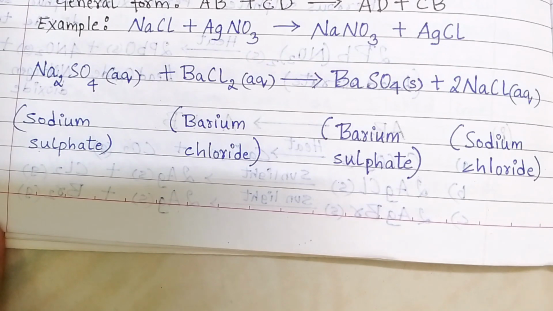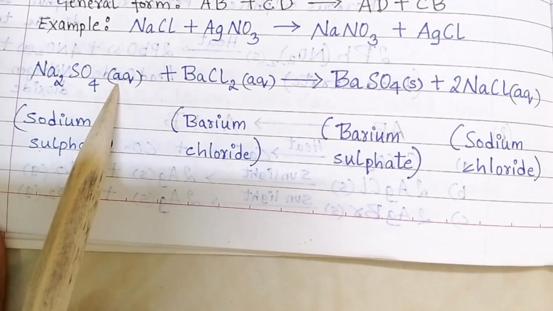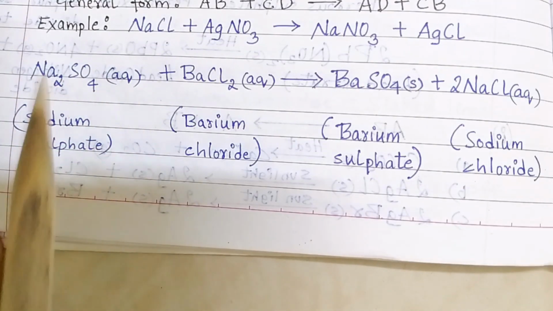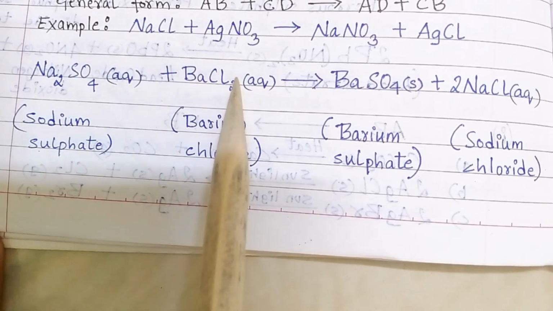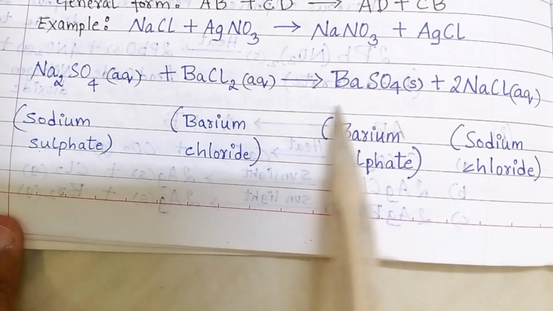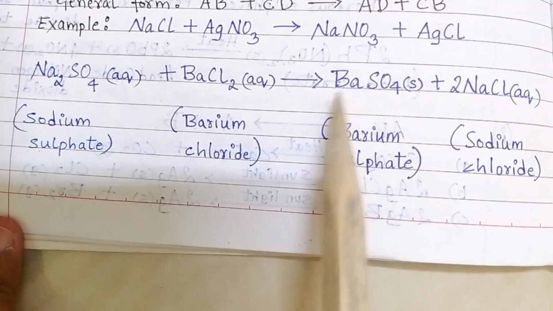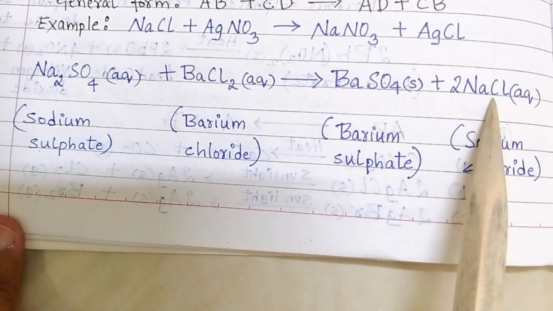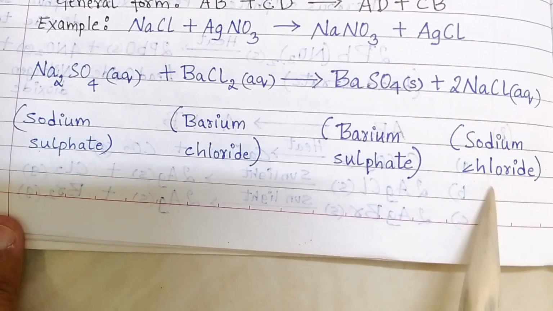Here Na2SO4 aqueous, sodium sulfate, AB, plus CD, barium chloride BaCl2 aqueous, forward reaction BaSO4 solid, barium sulfate AD, plus 2NaCl aqueous solution, CB, sodium chloride.